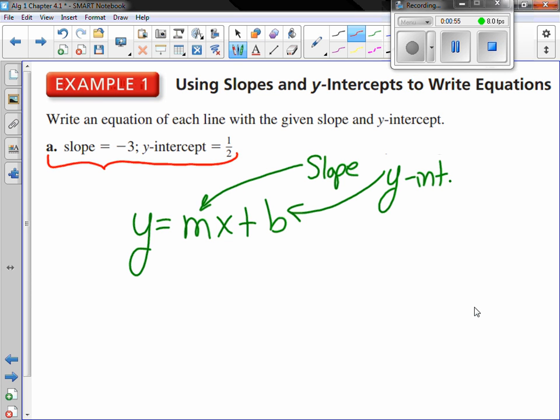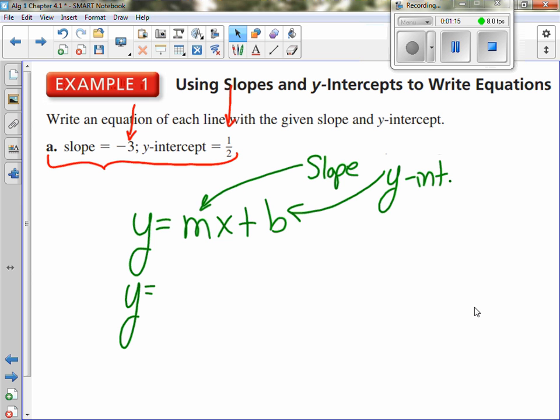So for this first problem here, they tell us the slope is -3, and they tell us the y-intercept is positive 1/2. So if I want to find the slope-intercept equation for this, we can plug in the information given. So y equals, well, m is the slope, and what is our slope for this line?